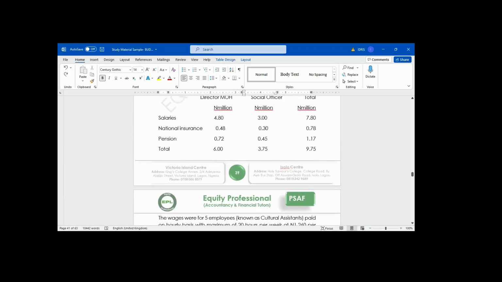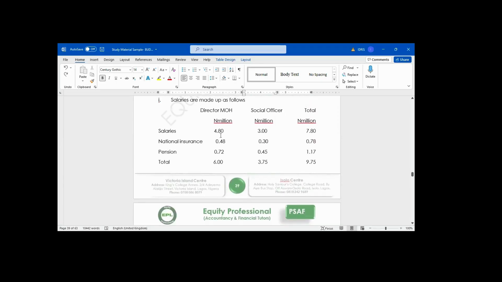In 2016, national insurance is 10%. 10% of 4.8 gives 0.48. 10% of 3 gives 0.30. That is for 2016.